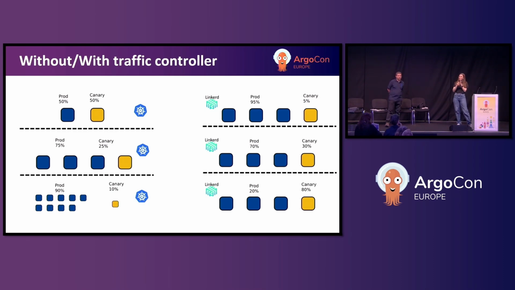So here we have 2 examples. On the left, one without a traffic controller, we can see the amount of traffic is fixed to each pod. We have 1 pod here with 10% of the traffic. And then on the right, with traffic management, you can send 80% of the traffic to 1 pod.